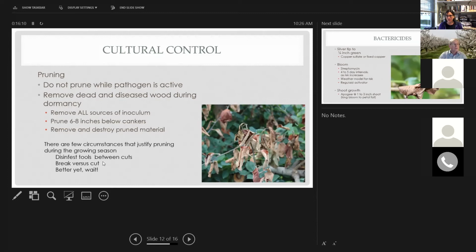So ideally, you should wait and not prune fire blight out, except for in the winter. But if you've got a young tree and that fire blight is moving really fast, you might have to get out there and do some pruning. Again, very selective when you would prune outside of that winter dormancy season.